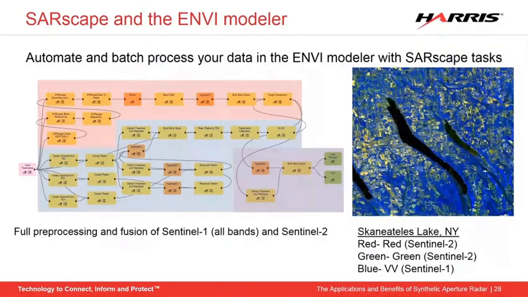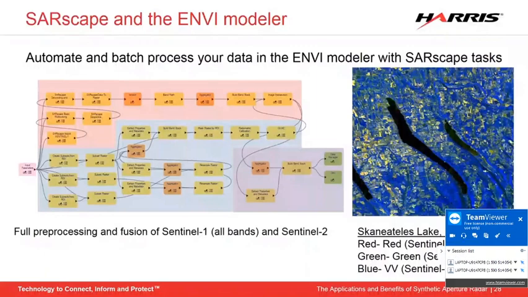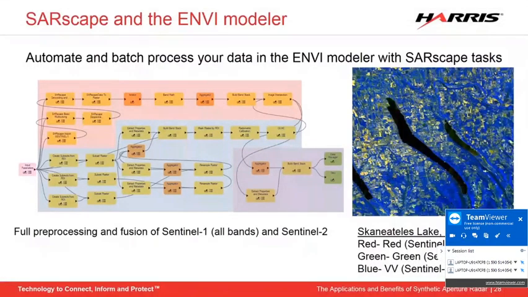And looking at this image, it is an RGB image, where red is the red band from Sentinel-2. Green is the green band from Sentinel-2. But the very bright blue color we see is actually the SAR band of vertical-vertical. And what this is doing is really highlighting the vegetation in this region. As we heard, Sentinel-1 is very sensitive to these surface characteristics.